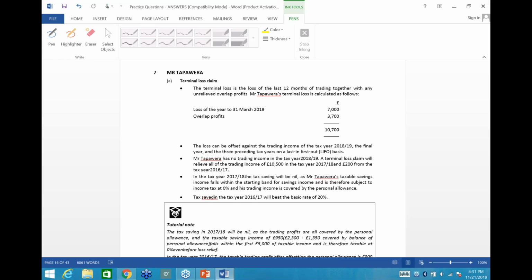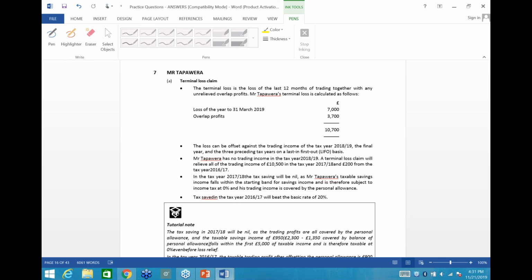Now, when you carry back, unlike the opening year relief, under the opening year relief we were able to set it off against total income. But under terminal loss relief for an individual, when we carry back, we can only set it off against trading profits.